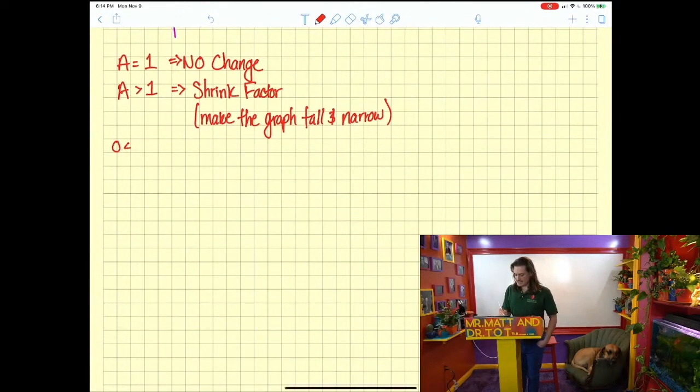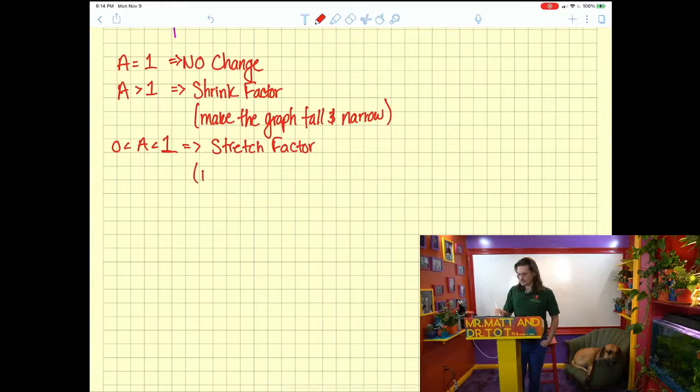If a is in between 0 and +1, notice not negative, but in between 0 and +1, that's a stretch factor. This is going to make the graph wider and shorter, respectively.